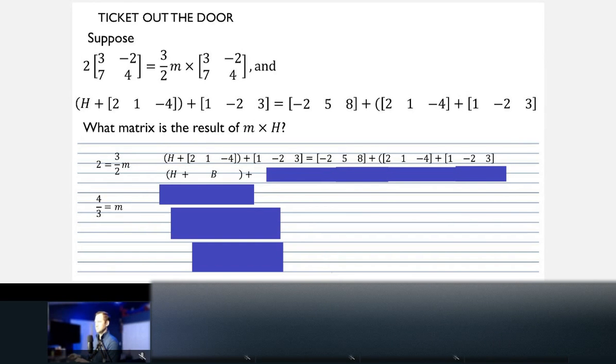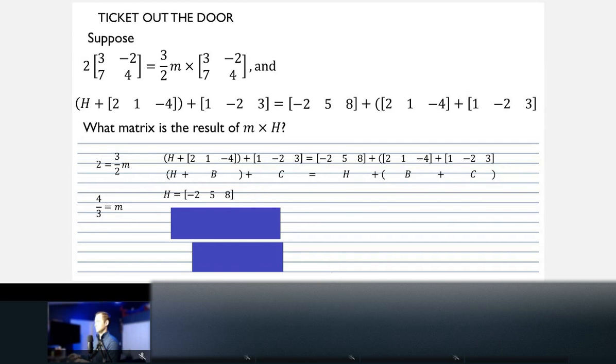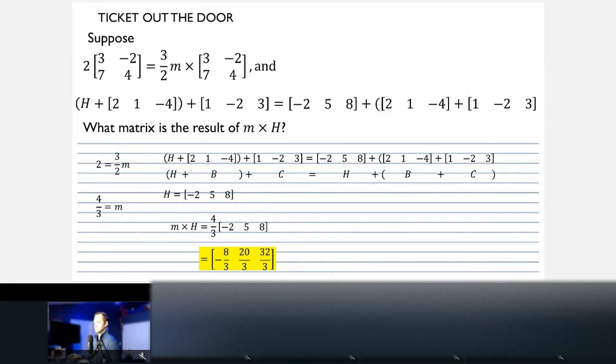So matrix H is -2, 5, and 8. And then to solve this, just multiply matrix H by 4/3, and that's how you get the answer.